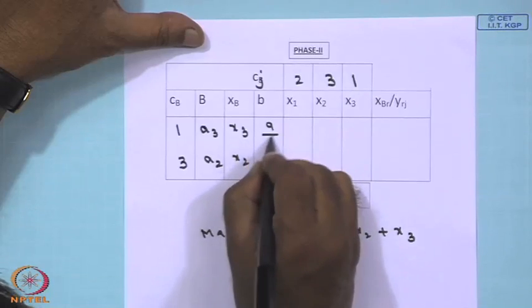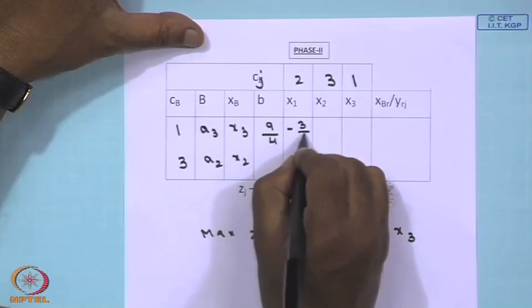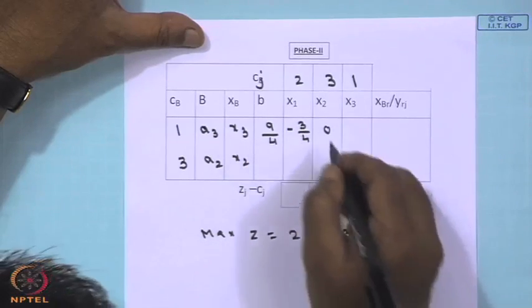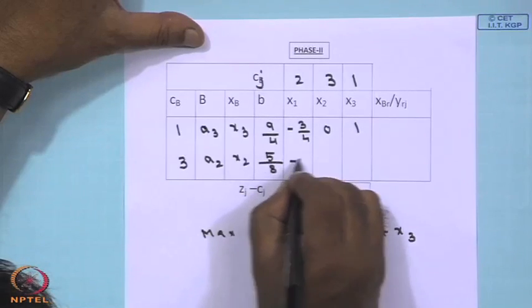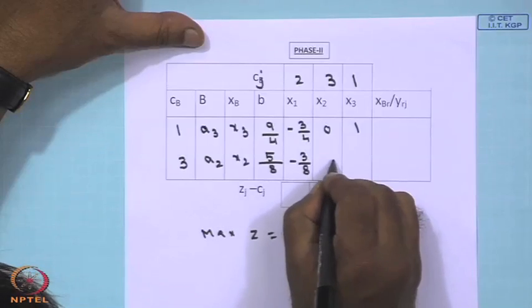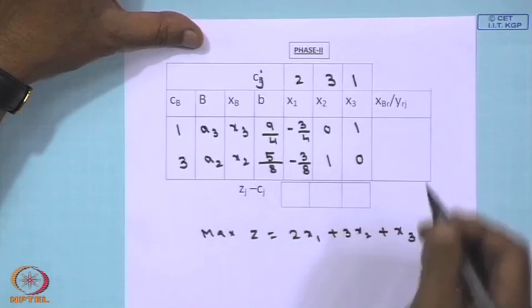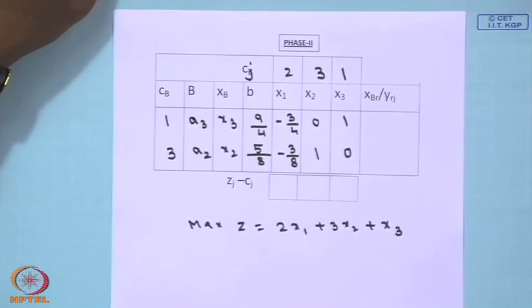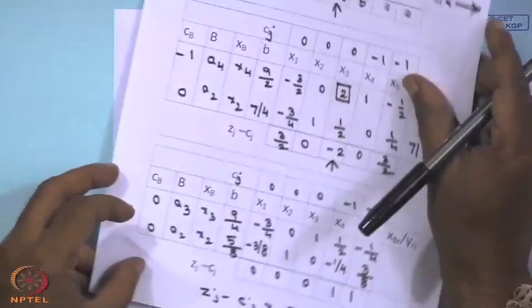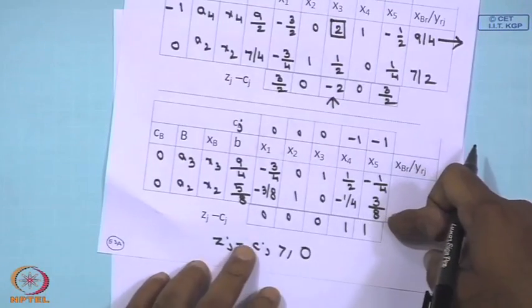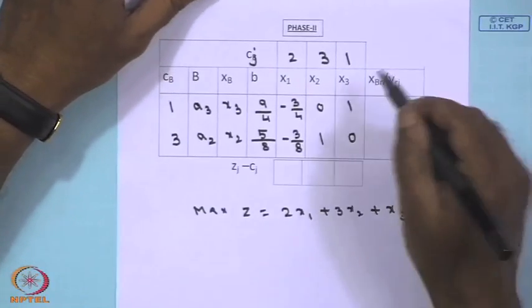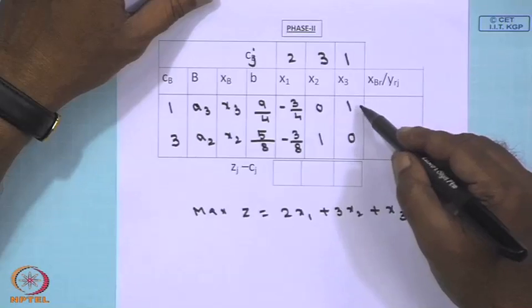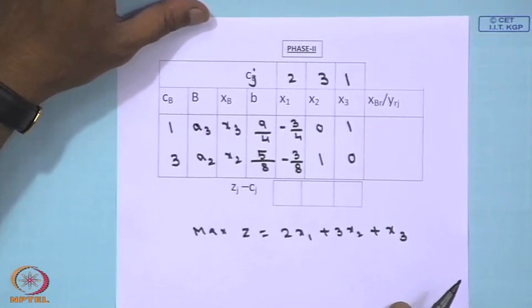There is no change as such, 9 by 4, minus 3 by 4, 0, 1, 5 by 8, minus 3 by 8, 1 and 0. Note one thing, since the artificial variables x4 and x5 are not present in the last table of phase 1, therefore, we have dropped the columns corresponding to x4 and x5 over here.